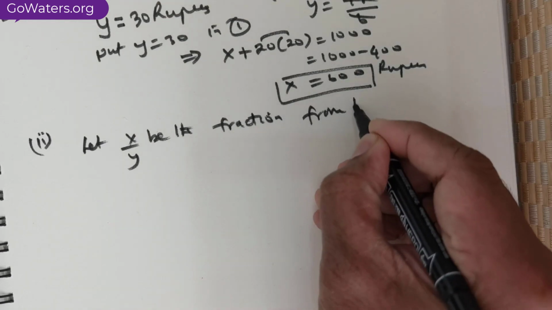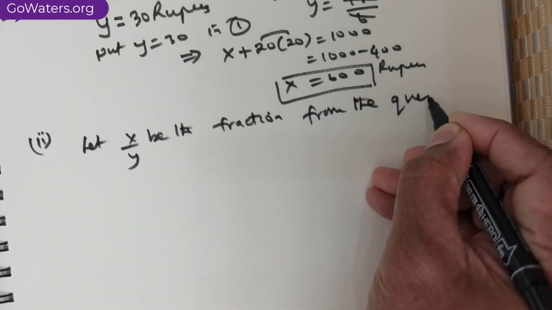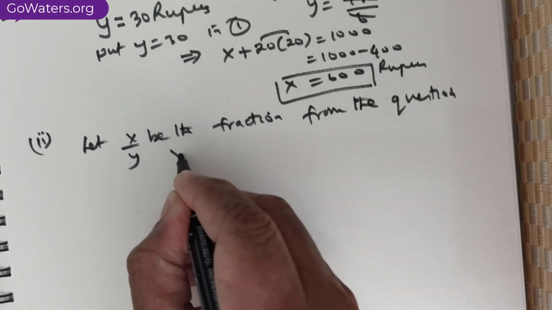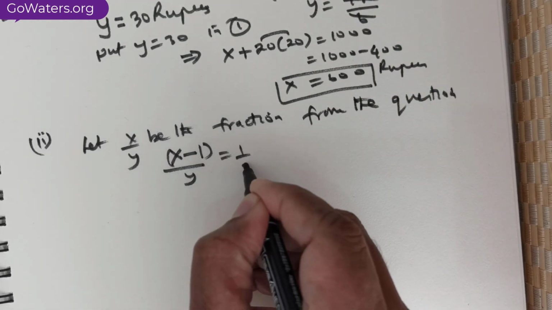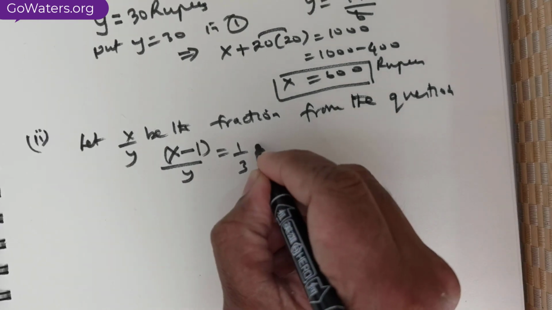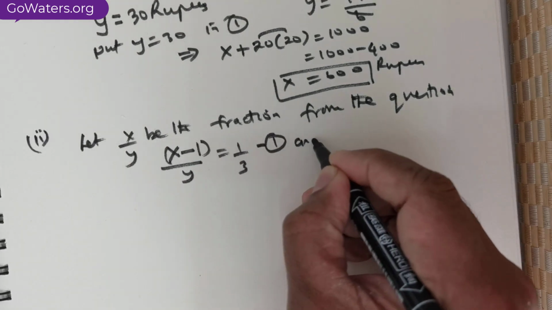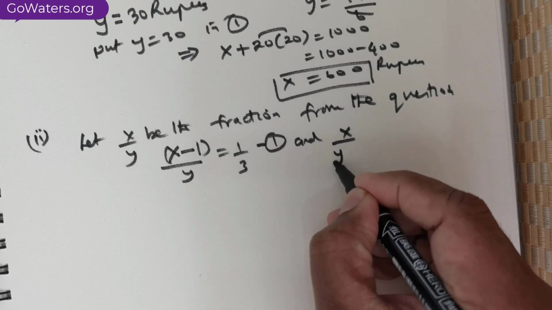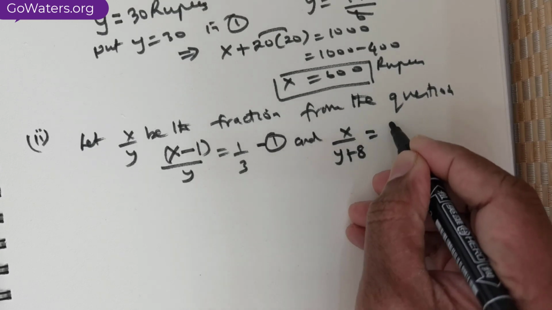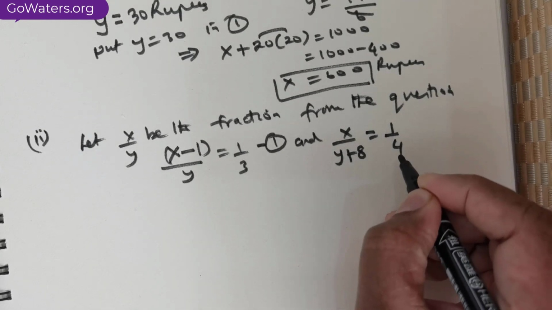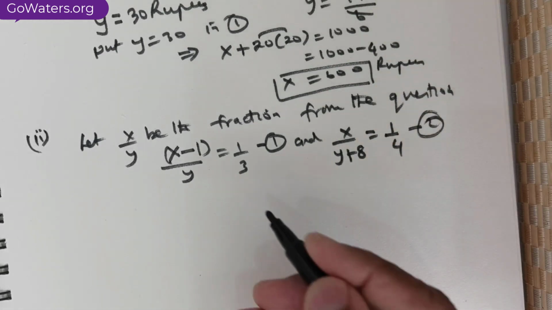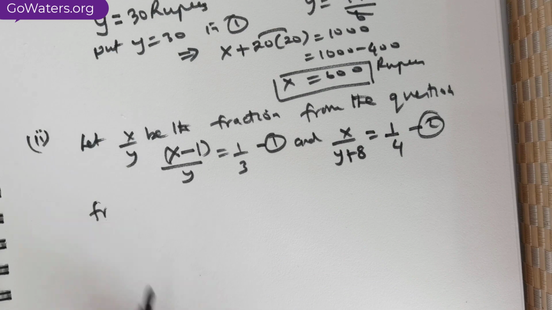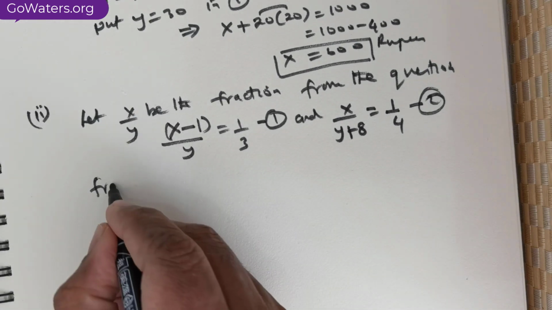So from the question, what do you have? 1 is subtracted from the numerator and the fraction becomes 1 over 3. So this is the first part, and 8 is added to the denominator and the fraction becomes 1 over 4. We are expected to find the fraction. So this is the equation that we have obtained.